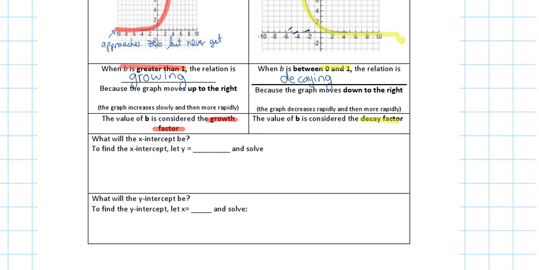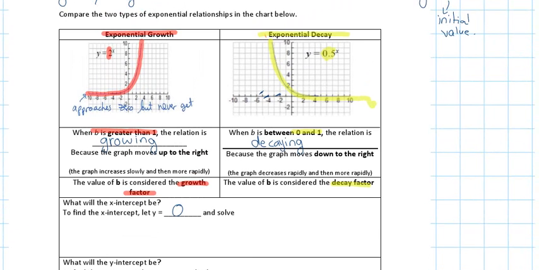So I let the y value be 0. Why? Because any point touching the x-axis, for example, this point right here, is -8, 0. So the y value is 0. Anytime my graph is intersecting the x-axis, the y value is 0.